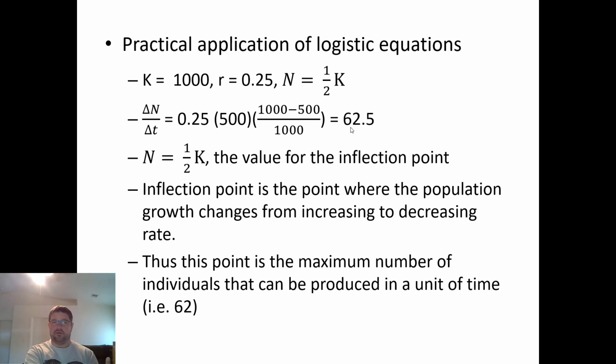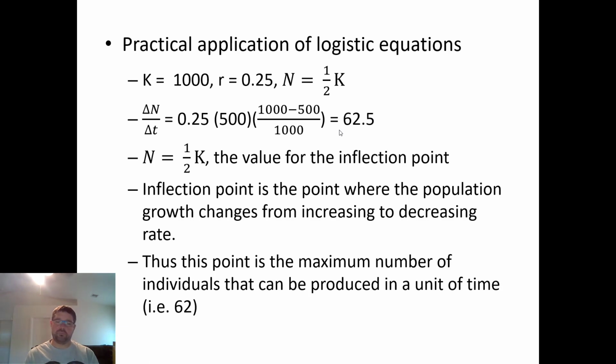You could have a reduction in food, a reduction in habitat, or an increase in predation or disease. So maybe they would sample at 55 individuals. They give themselves a little bit of cushion and ensure that the next year the maximum sustainable yield is still at that 62.5.